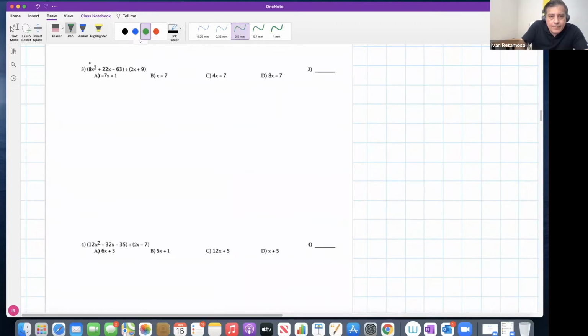This is telling you to do this division, 8x squared plus 24x minus 63. Remember, the first polynomial that appears from left to right is the dividend, this guy. And this must be divided by this divisor, 2x plus 9. So go ahead and try this out.